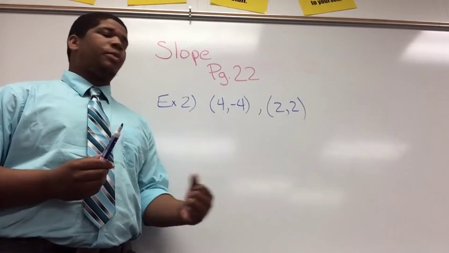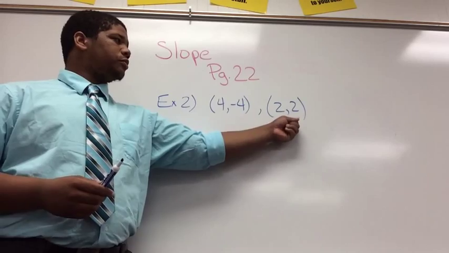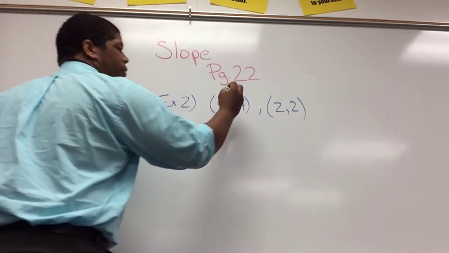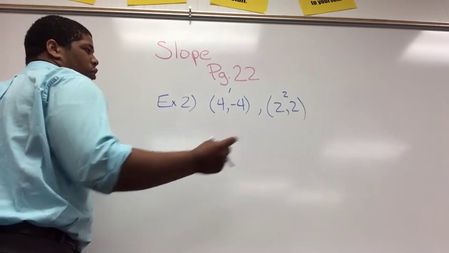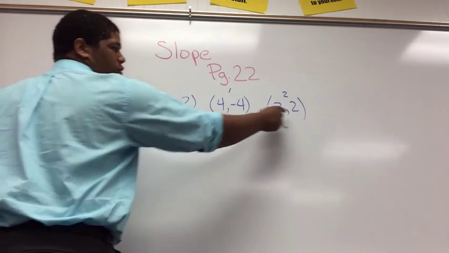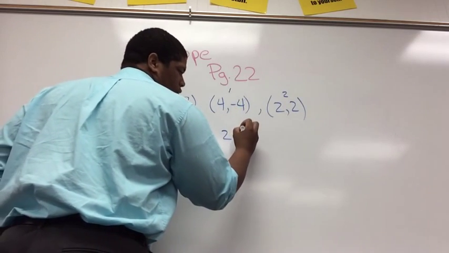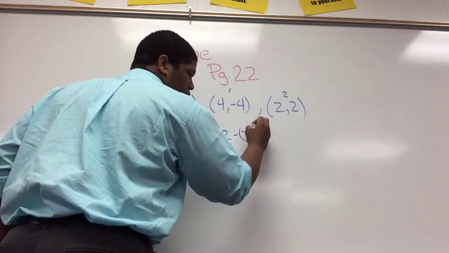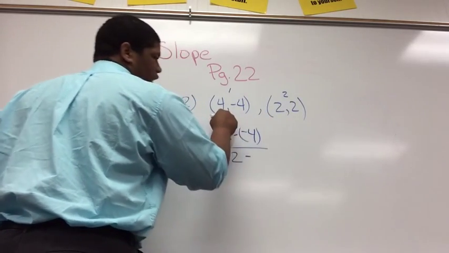So for my second example, I'm given the points 4, -4, and 2, 2. So once again, I'm going to label these 1 and 2. So remember, my formula is Y2, so the 2, minus Y1, -4, over X2 minus X1.